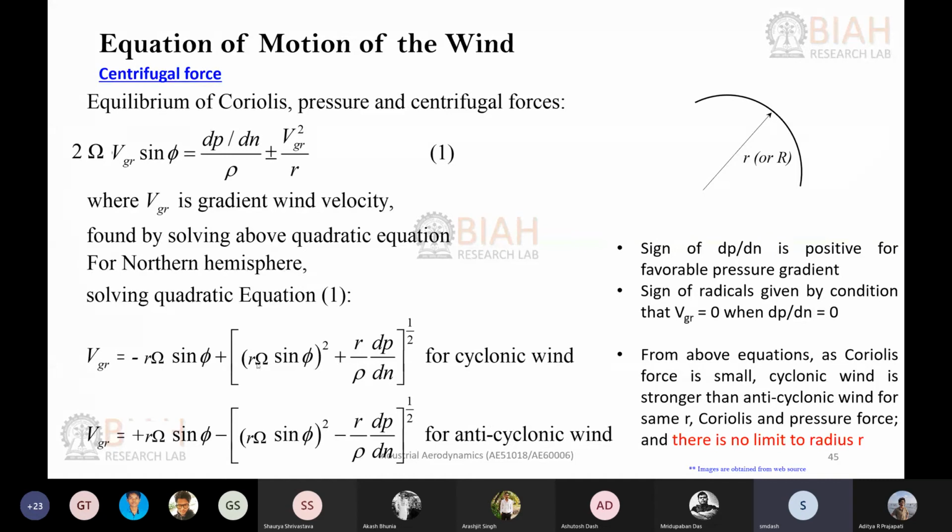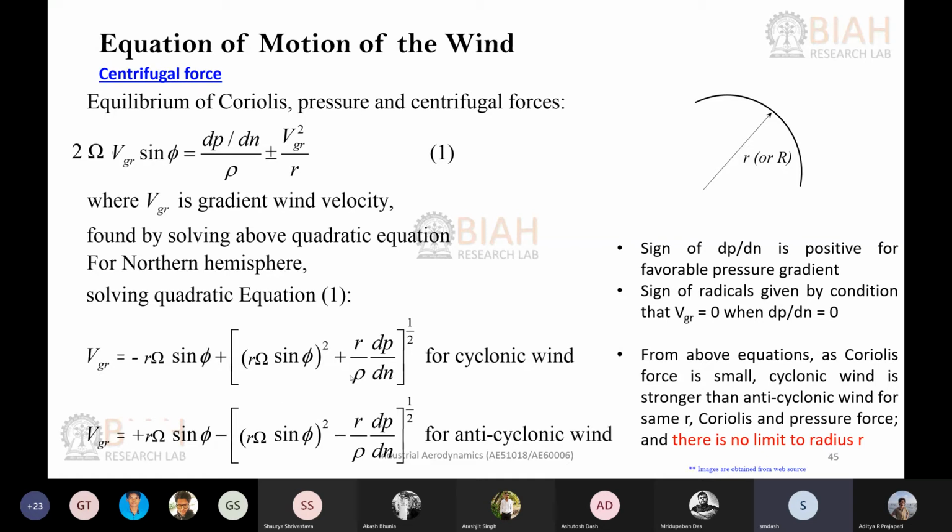Okay, so my point here is, what will be the sign of this radical? Since you have a square root here, it can take both positive and negative, right? So the sign is determined based on this particular value. If you don't have any pressure gradient at a particular location, your gradient wind should go to 0. When there is no pressure gradient, there should not be any wind flowing.